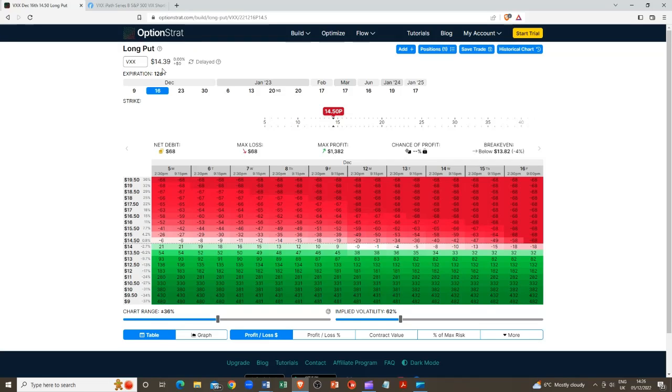Because if you look at today being December 12, 2022, VXX is trading at $14.39. By the end of the contract, if the price stays around $13.50, you should be able to sell your long put option back and make a $32 profit, which will be close to 50% returns on the amount that you paid for the long put when you started the contract.